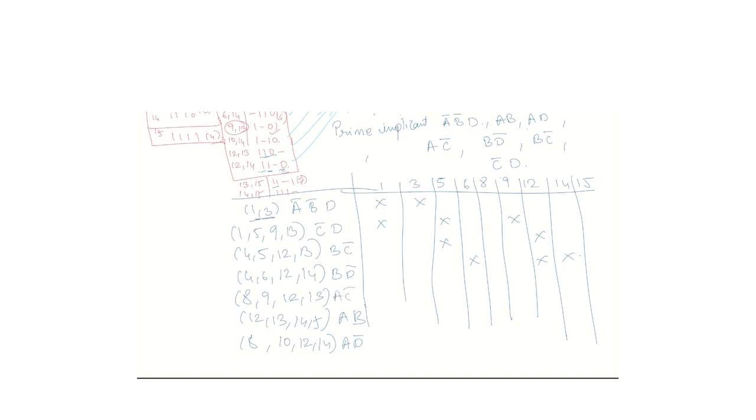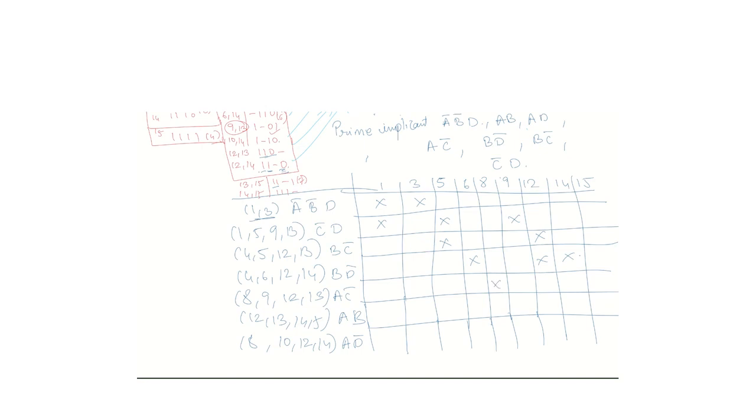Okay, yeah, so let me draw these lines also so that it's not confusing. Now let's see. AC bar is 8, 9, 12, 13.